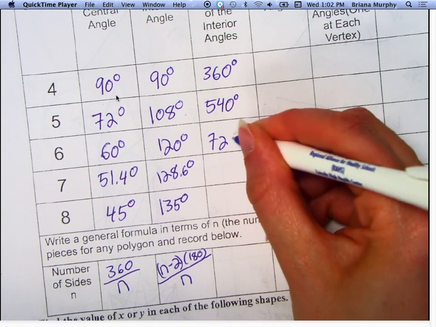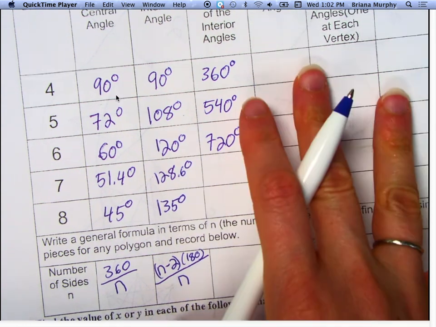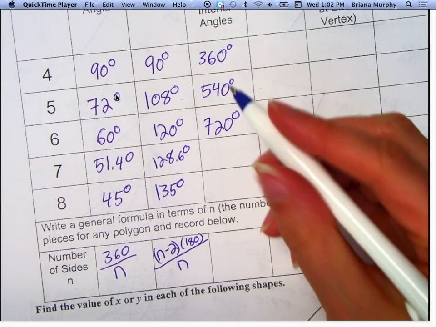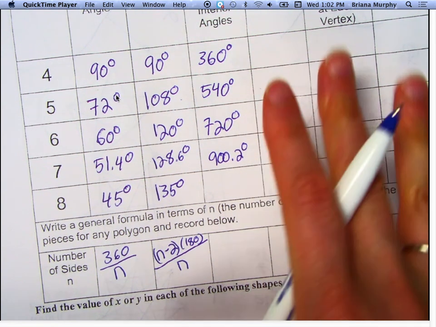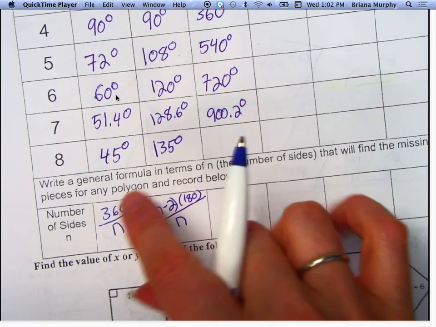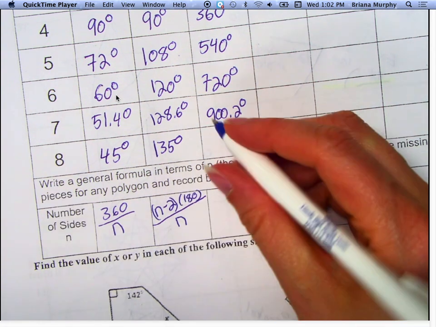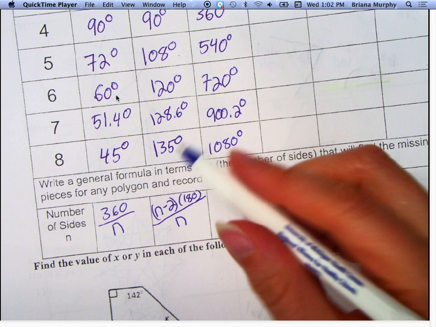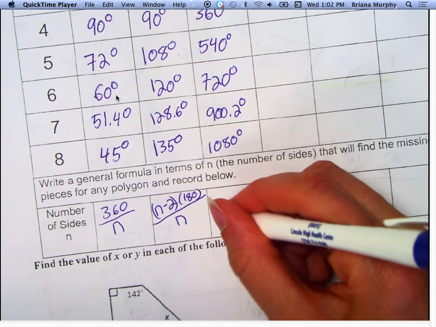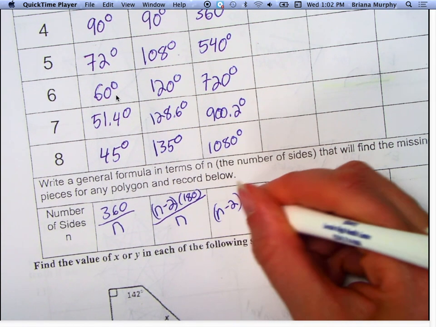Good. What about 128.6 times 7? 900. What about 135 degrees times 8? 1080, good. Okay, this is almost like this equation, it's just n minus 2 times 180.